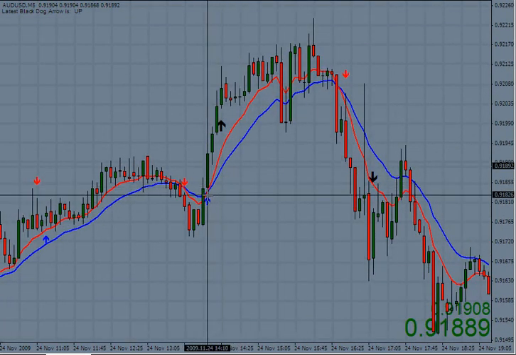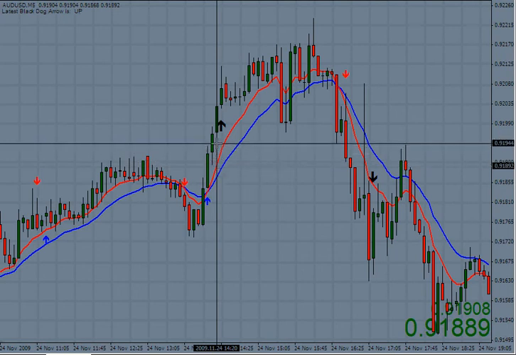And I just wanted to show you where I did enter the market here, I entered just around here, and my stop loss was here.